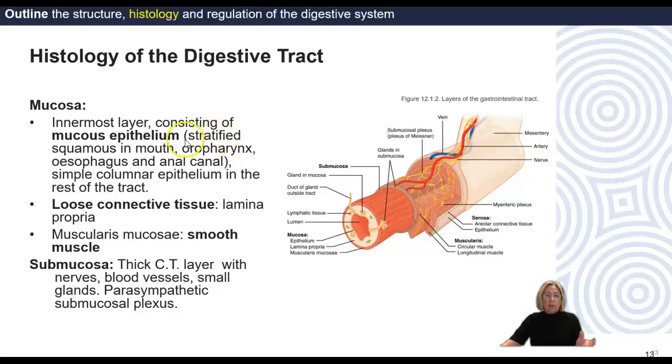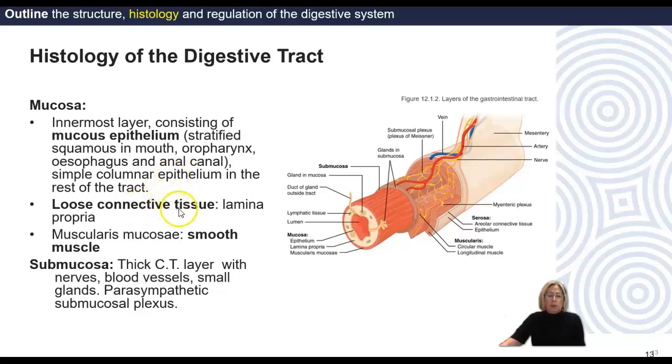It's stratified squamous in the mouth and the oropharynx, the esophagus and the anal canal. And that makes an awful lot of sense because it's multiple layers of flat epithelium, and that's to withstand abrasion and to withstand different sorts of foods entering our mouth that might be acidic or basic. And then it's simple columnar epithelium in the rest of the tract.